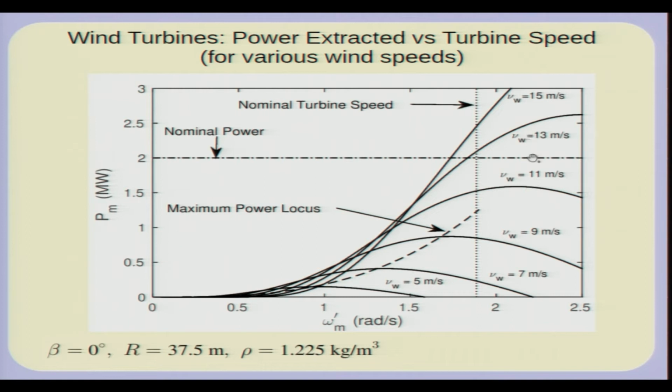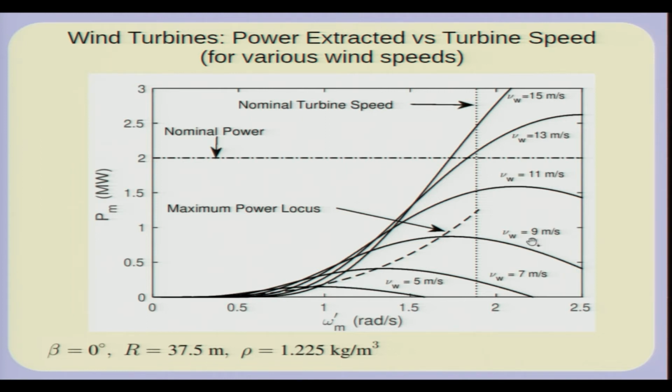Now, why have I drawn this curve? These bold lines here give you the power extracted as a function of the turbine speed in radian per second. Since this characteristic is given to you, what is the amount of power output you can expect out of a turbine?